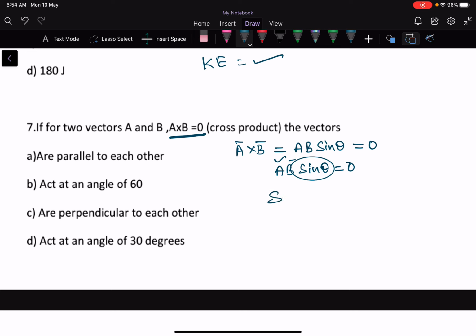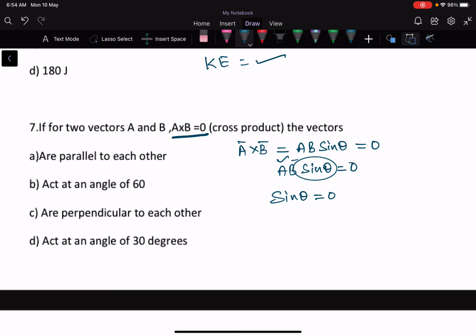So I am equating sin theta equal to 0. Sin value is equal to 0 when theta is equal to 0 degrees. You will get theta equal to 0 degrees. 0 degrees means they are parallel to each other.